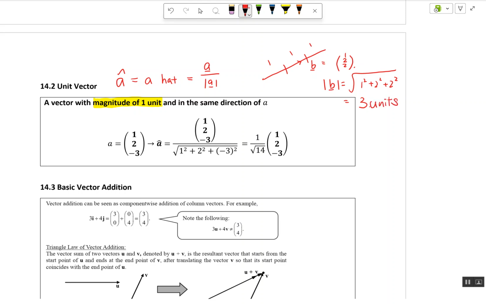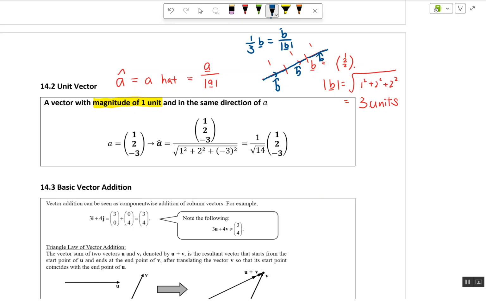If I just want to take 1 unit over here, this 1 unit is called B hat. And what is B hat? It is 1/3 of B, which gives you B divided by the magnitude of B.